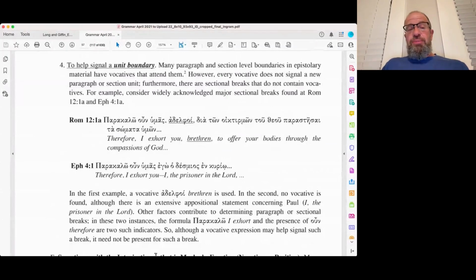This is seen, for example, in Romans 12:1, where Paul calls out the addressees, and this is right at a transitional point in the book of Romans, where Romans 1 through 11 is treating a certain set of themes and topics, and then chapter 12 starts to fill out some of the implications of those topics. And so we see a transition at 12:1. So they can also help to demarcate a unit boundary.